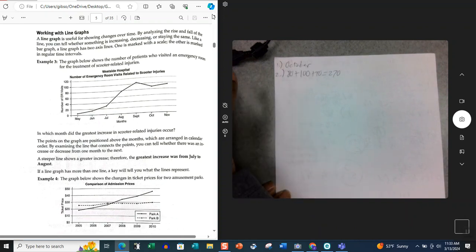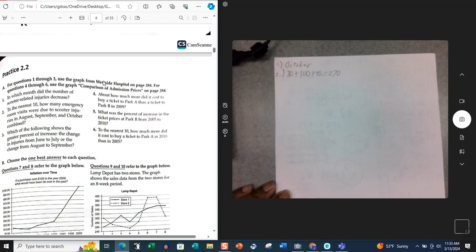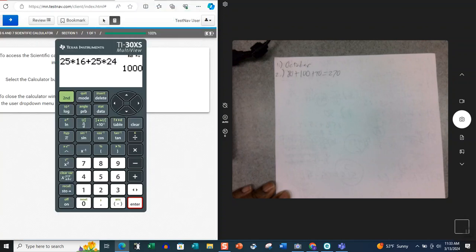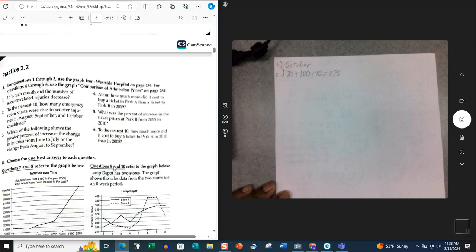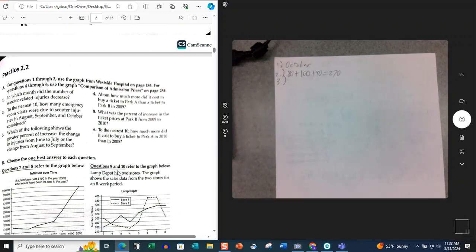All right. So now we go down here to problem number 3. Problem number 3, and hold on, I got to do this with the calculator so it doesn't disappear from me. So, okay. Problem number 3. It says, which of the following shows the greater percent of increase? The change in injuries from June to July or the change from August to September?